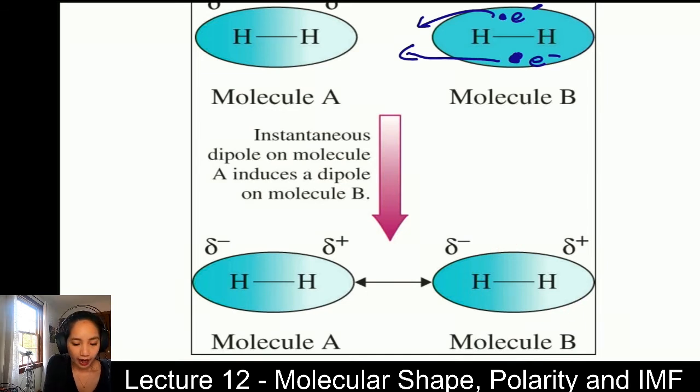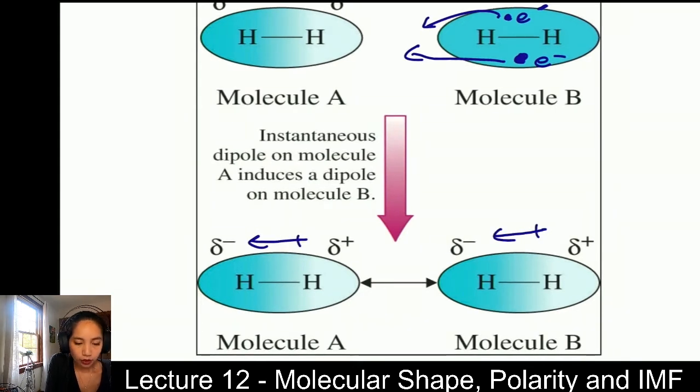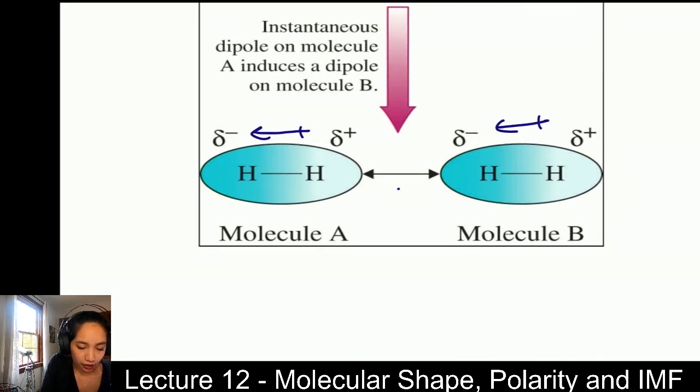All right, and so you can see that, if I draw the two dipole arrows, the negative side of this molecule is attracted towards the positive side of the other molecule, and it's this interaction that we call the London dispersion force.